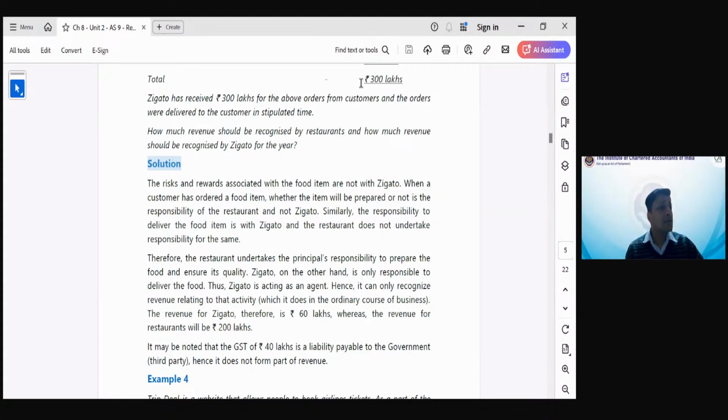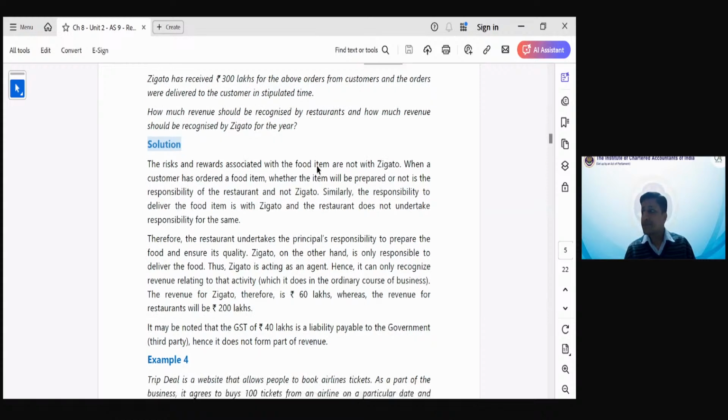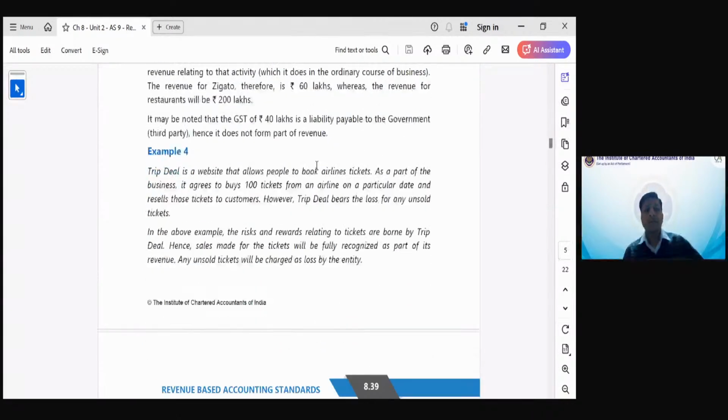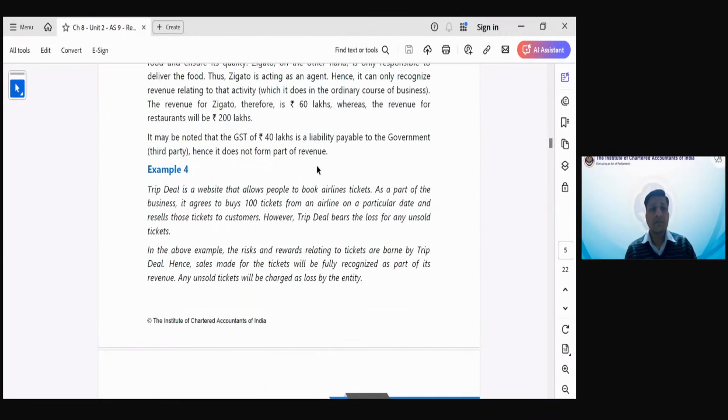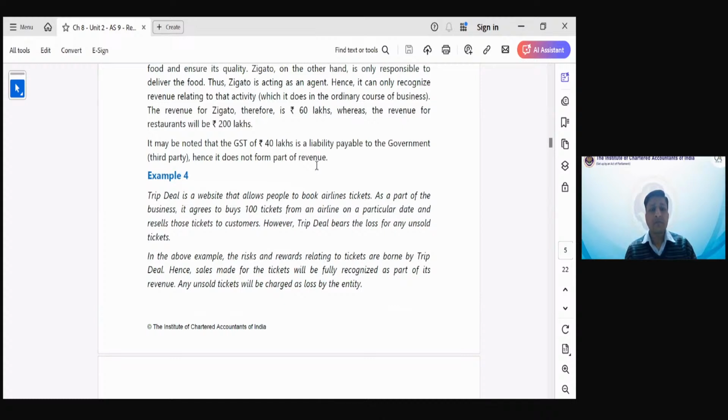Okay, so let's look at some more examples. We have got one more example on this. TripDeal is a website that allows people to book airline tickets.